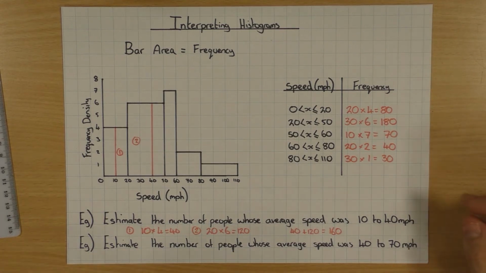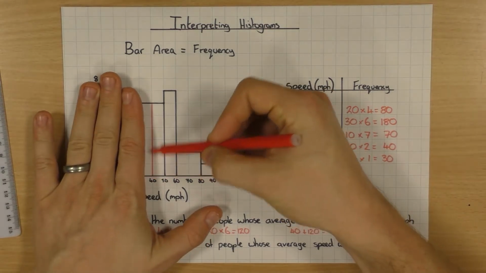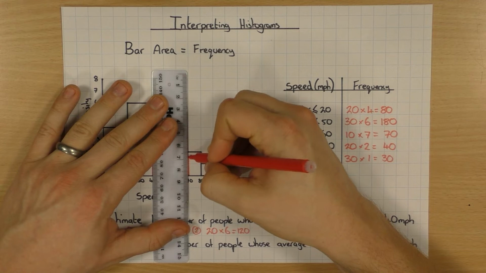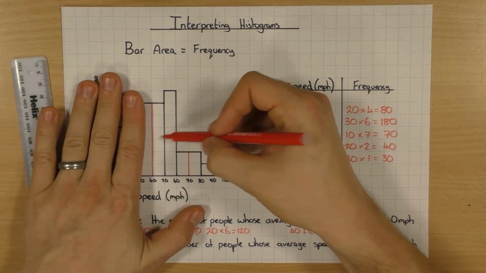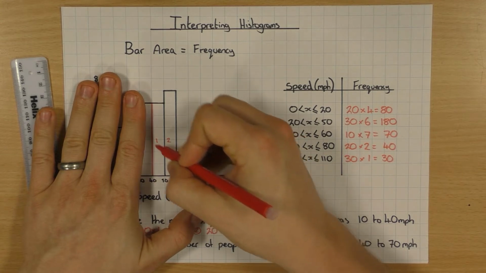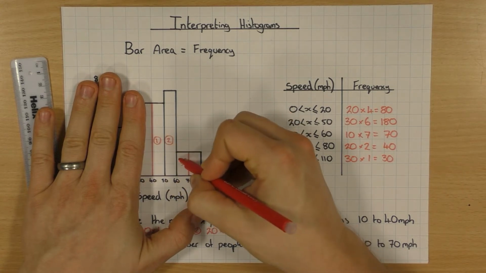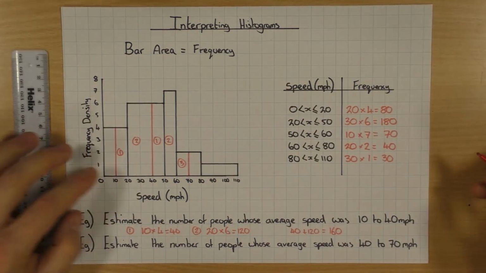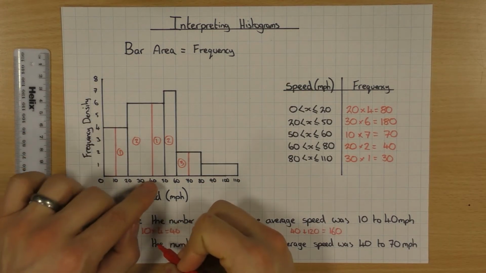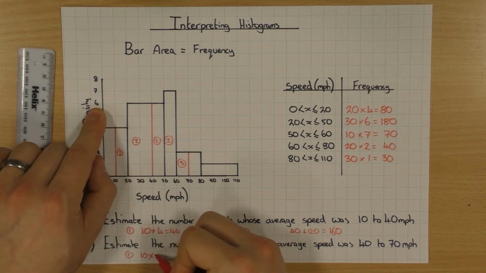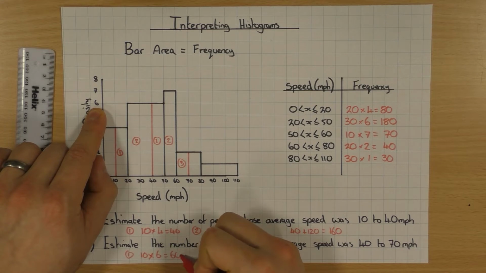Similarly with this one here, estimate the number of people whose average speed was between 40 and 70. So 40 is that line there again. And 70, so I'm just going to draw the 70 line on. And I want sections 1, 2, 3, those sections there. So everything in between 40 and 70. So number 1, the class width for this is 10 times by 6, which is the height, which gives me 60.